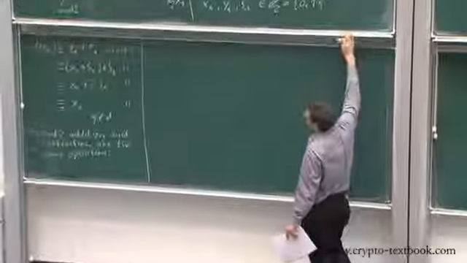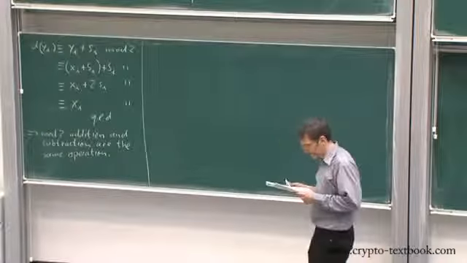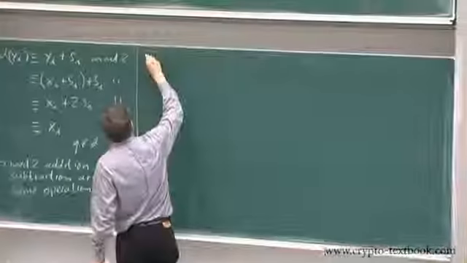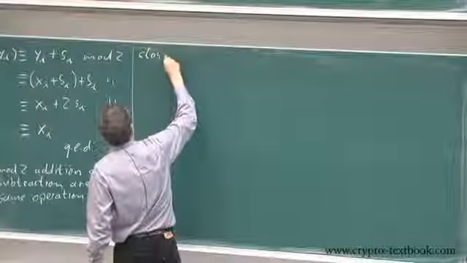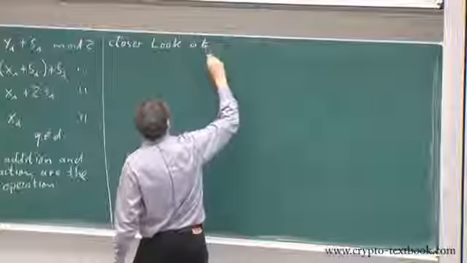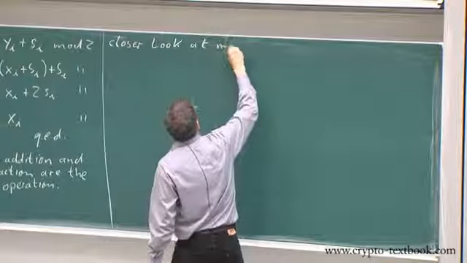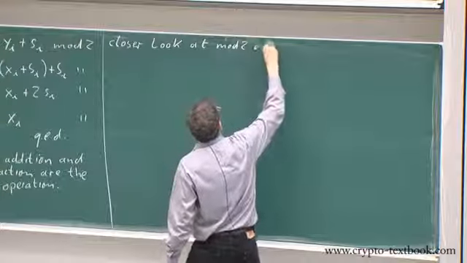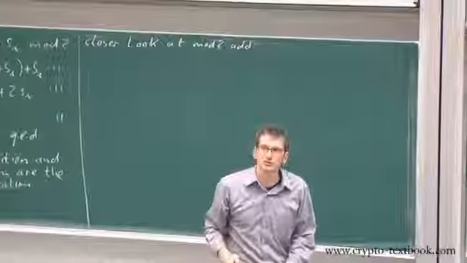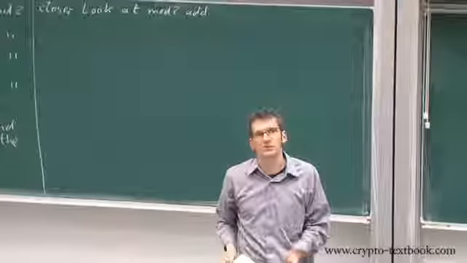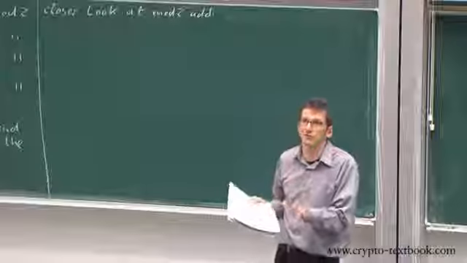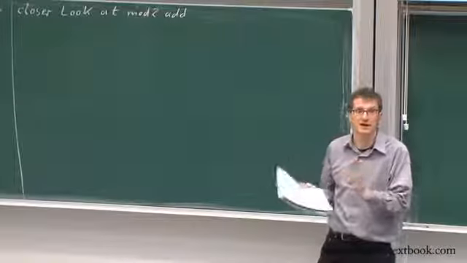Let's look a little bit closer at the modulo 2 addition. This is going to be super important, not only for stream ciphers. It's going to haunt you if you do cryptography; modulo 2 addition comes up all the time.